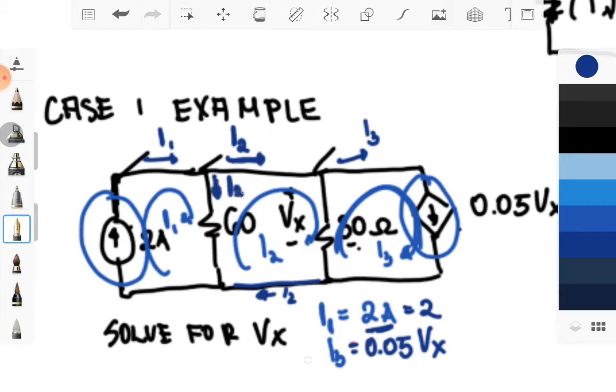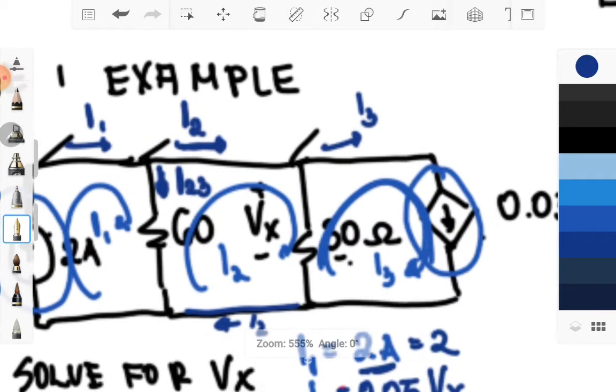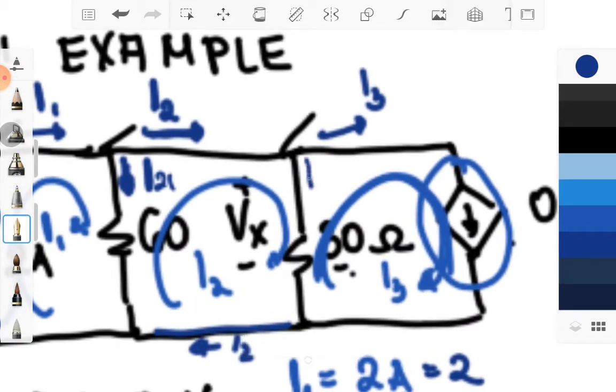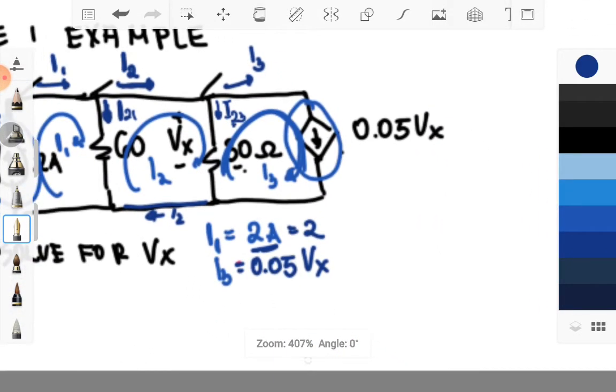Then, this will be my I21, sorry, I21, because the original loop current will be I2 that will be affected by I1, and then this will be called my I23, which is the original current I2, which is affected by the third current or I3.